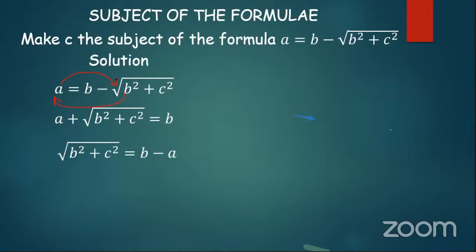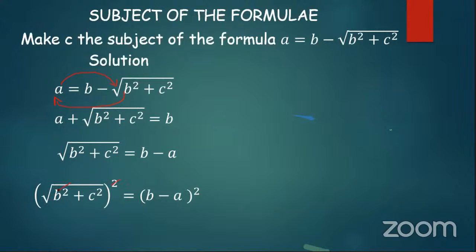Such that root of b squared minus c squared is equal to b minus a. And after that, we square both sides, and the square and root here will cancel out.